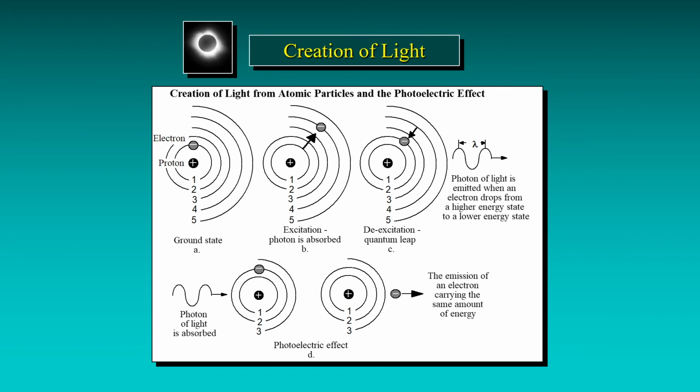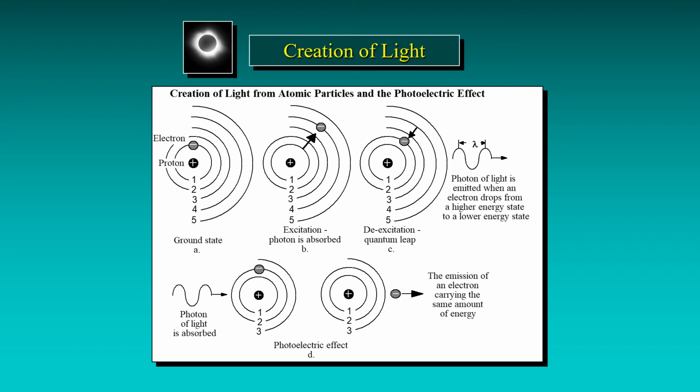So in this particular diagram, we see the electron starting at its ground state. There's excitation where we have a photon that is being absorbed, and then de-excitation. In general, we see that a photon of EMR is going to be emitted when an electron in an atom or a molecule is dropping from a higher energy state to a lower energy state.